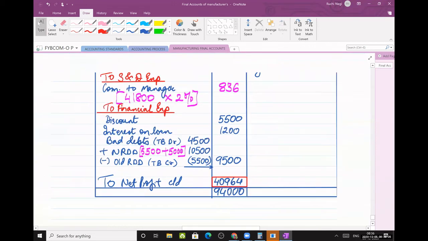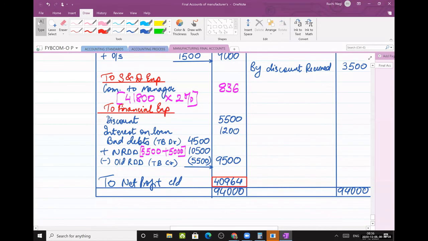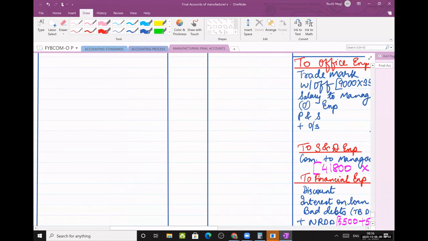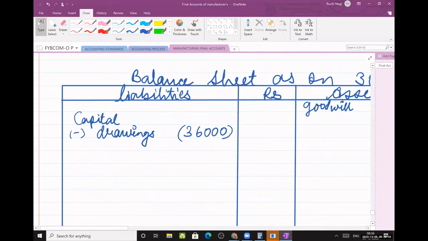Okay. Yeah. Add this to your capital. Add net profit 40,964. Take it in the outer column.